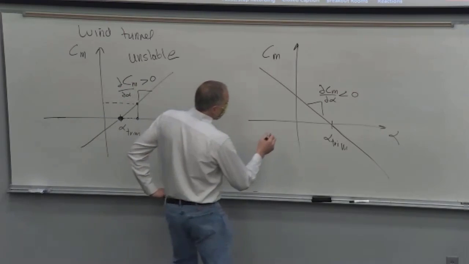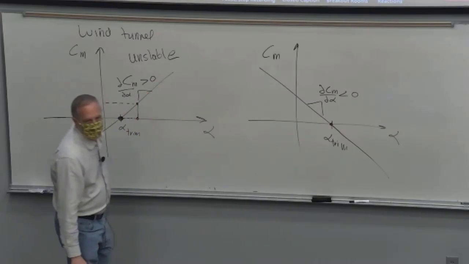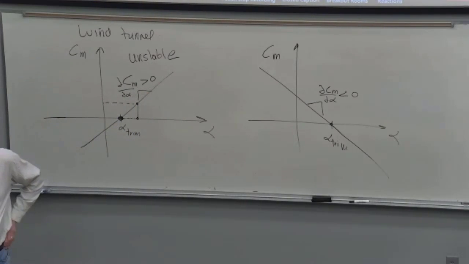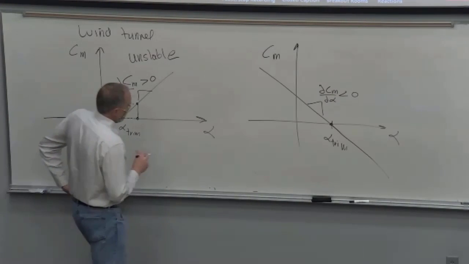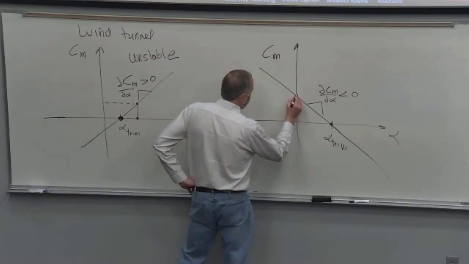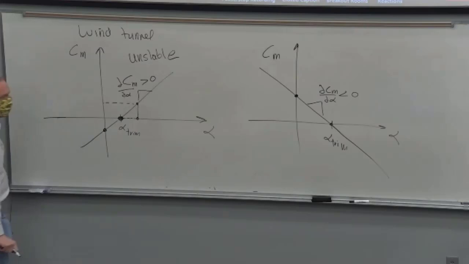And notice both of these pictures I've drawn with a positive angle of attack as the trim. And that's important because typically you need a positive angle of attack to get positive lift to stay in the air. So that's the force balance. Lift has to equal weight. The book makes a big deal about whether this y-intercept is up here or down here, and that tells you whether it's stable or not.